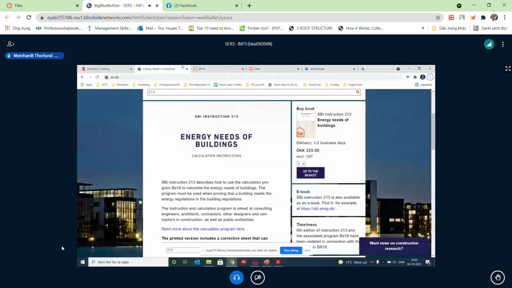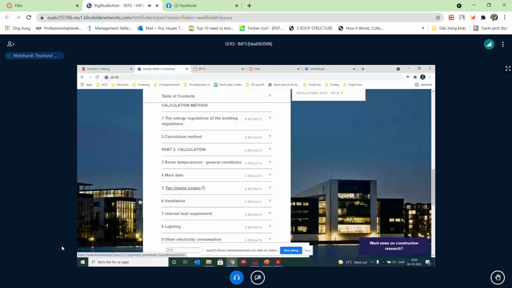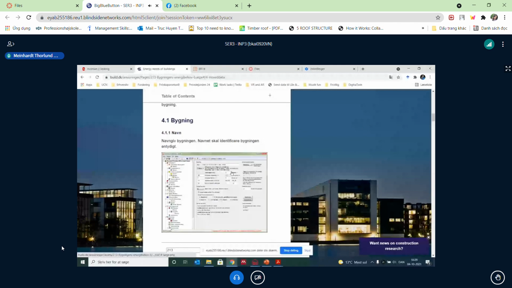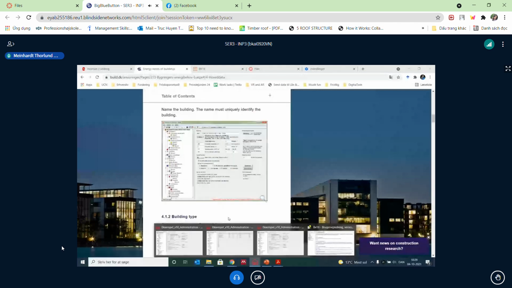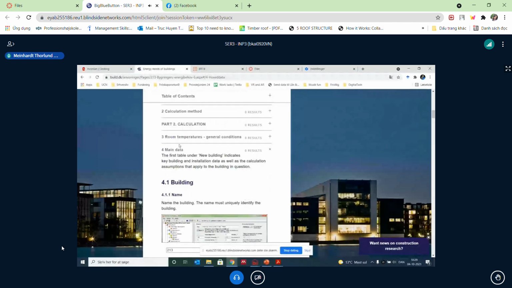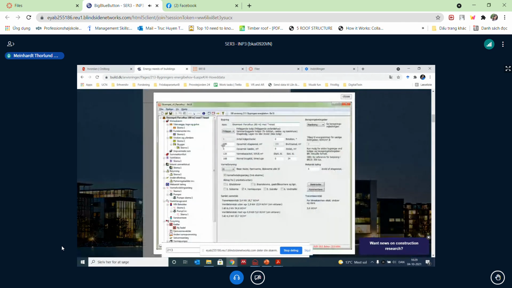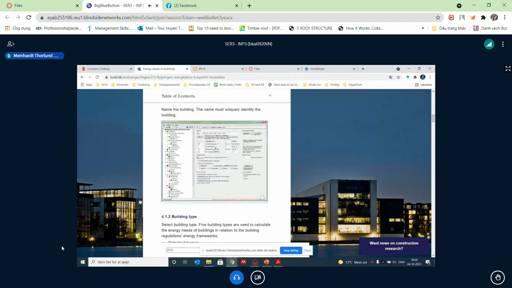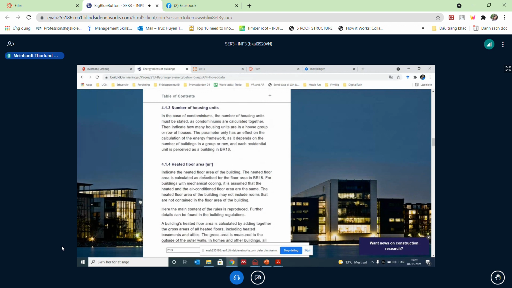Let's see here. This one, energy needs of buildings, part 2 calculation, is basically this F1 function. So if you need help with this program, you can go to part 2 calculation, and you can see how to actually answer some of these parts, or what to fill in. It's going to be described in this one.